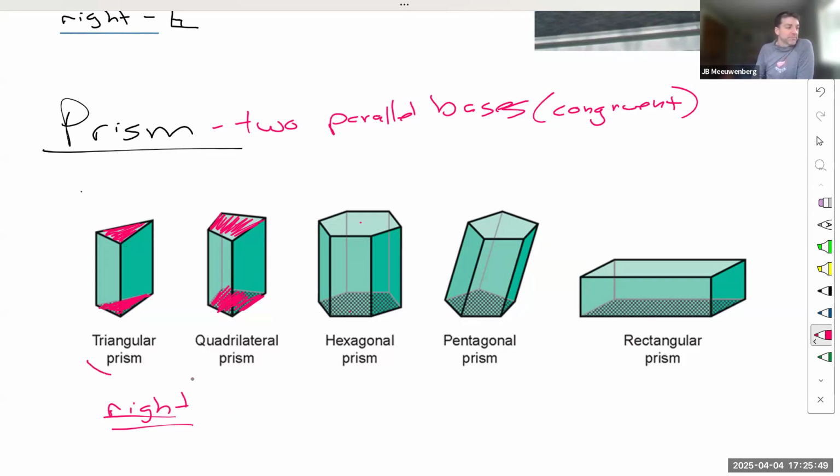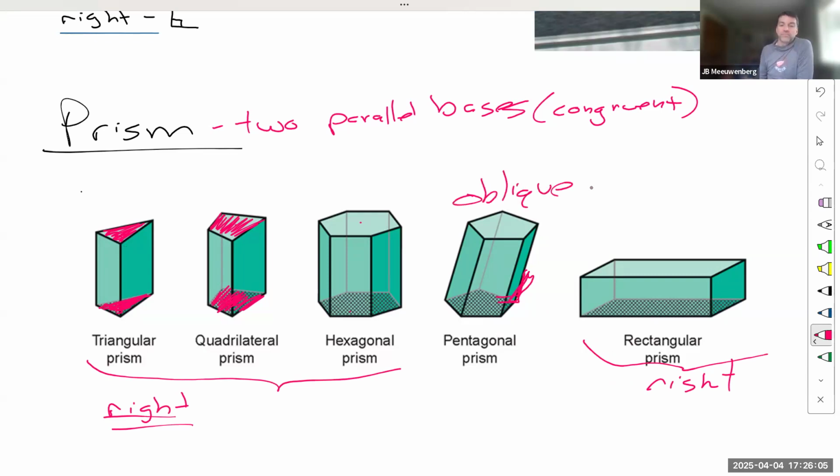To me, those all look like right prisms. This one, again, does not meet at a right angle there. That is not a right angle, and so this would be considered oblique. It looks like it's leaning to the side, correct?